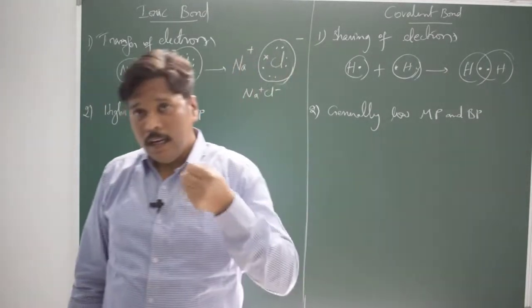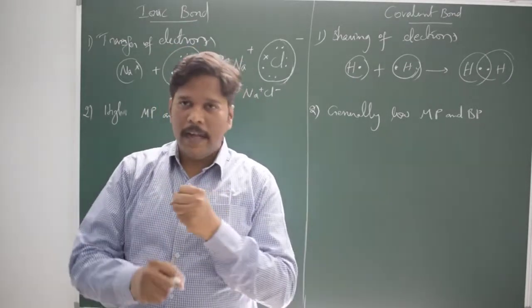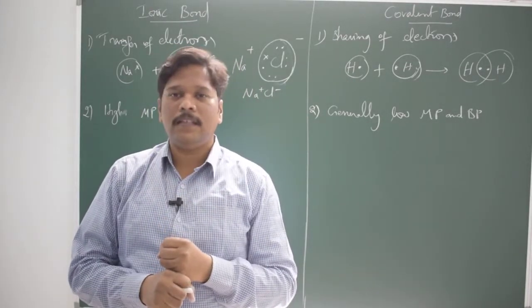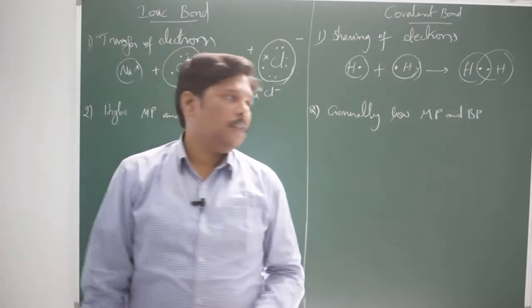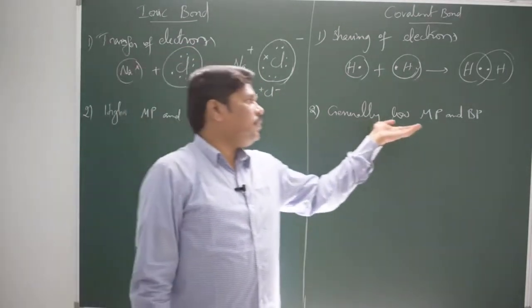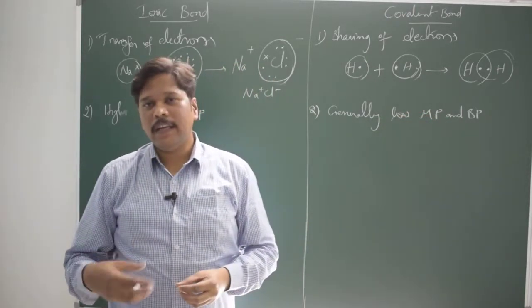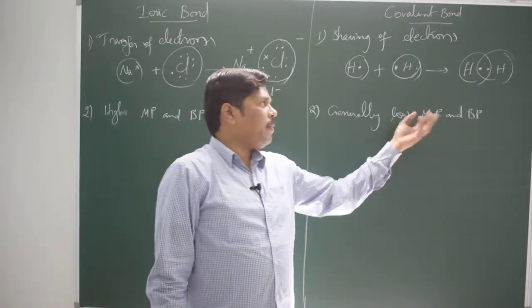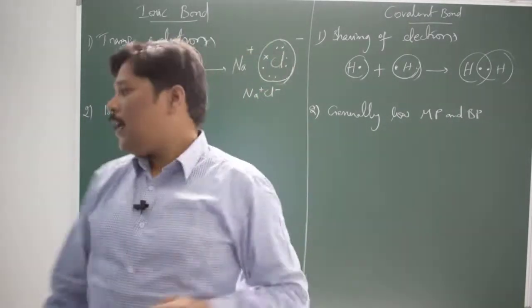Internal forces are very strong, but the forces of attraction between the molecules are less. As the force of attraction between the molecules is less, they can be easily melted, or the molten one can be boiled easily by providing a little amount of heat energy. That's why their melting and boiling points are less.